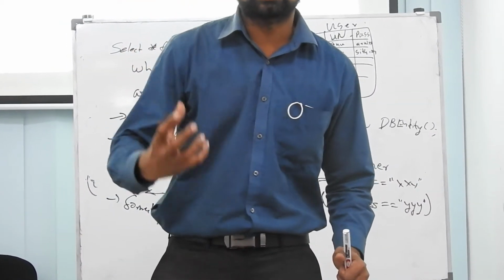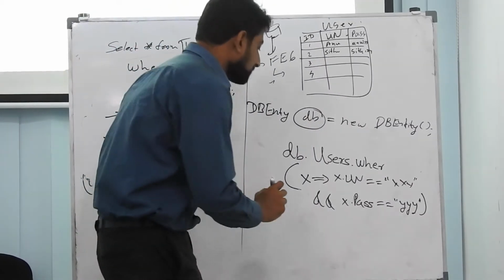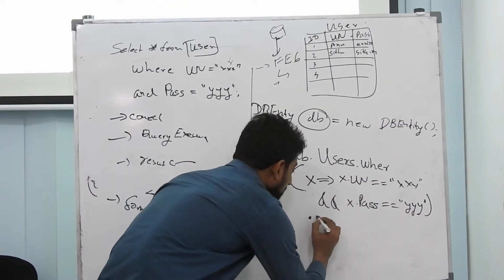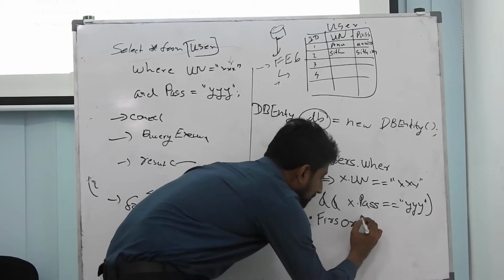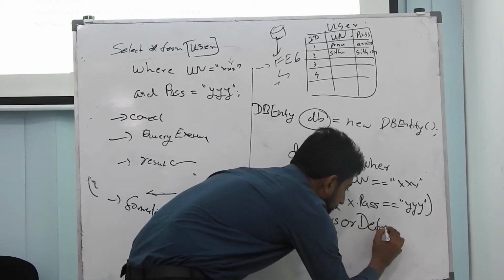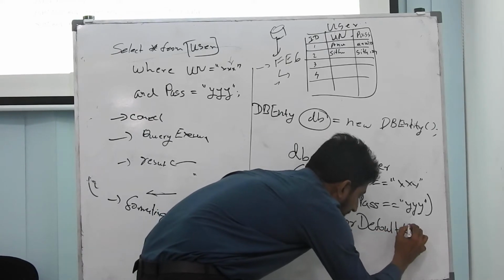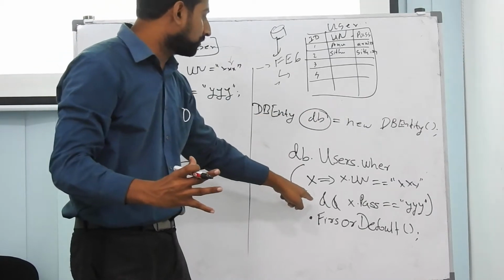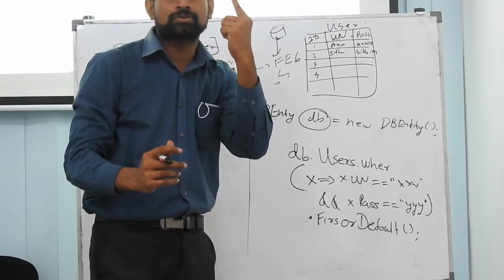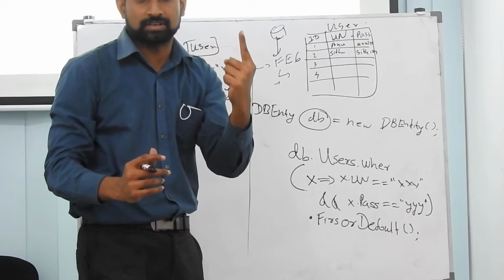You are getting a collection, so you have to use another lambda expression, dot first or default. If you have hundreds of data, you want the very first row of data.